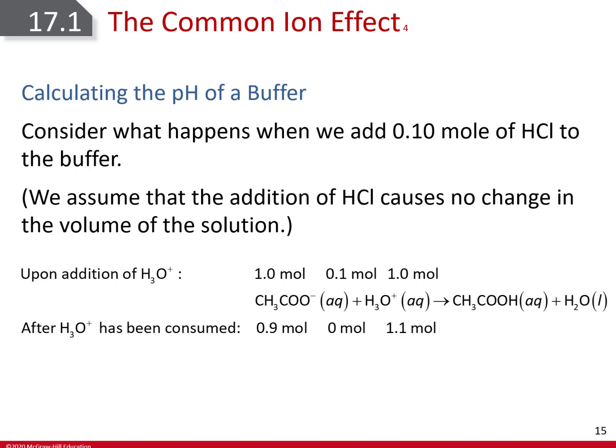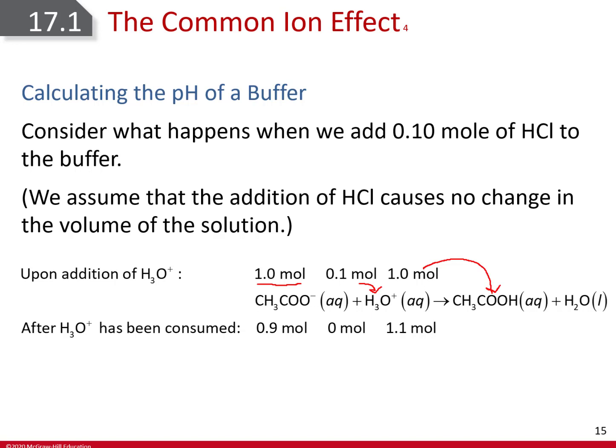So we had 1 mole of acetate ion, the conjugate base of acetic acid. We're adding 0.1 mole of hydronium ion from the hydrochloric acid. And that's going to produce more acetic acid, right? So we had 1 mole to begin with.